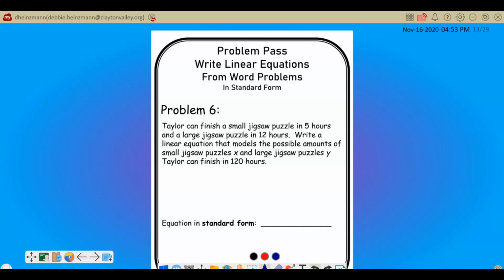So here's Taylor. He can finish a small jigsaw puzzle in 5 hours and a large jigsaw puzzle in 12.